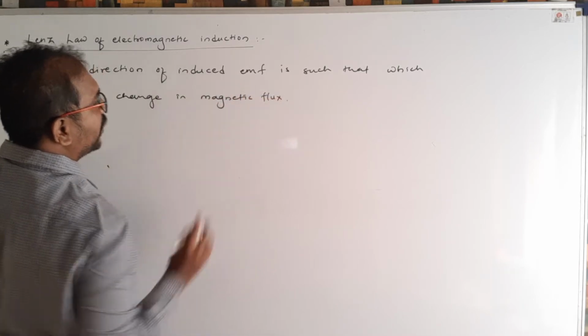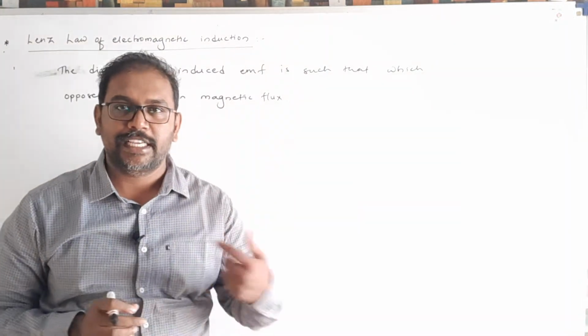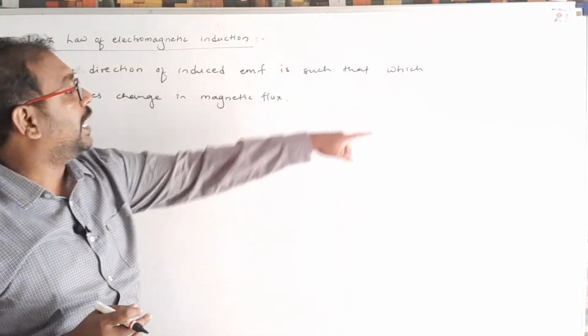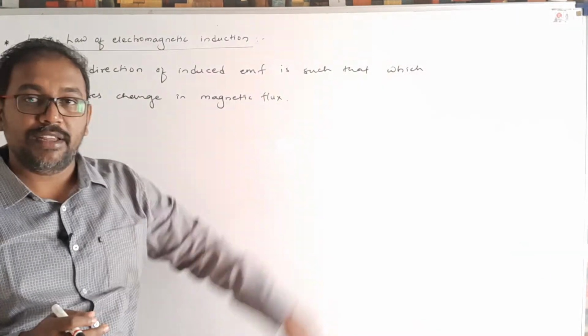So this is the statement. Now, how does this statement give us the direction? Let me explain it. The direction of induced EMF is such that it opposes the change in magnetic flux.